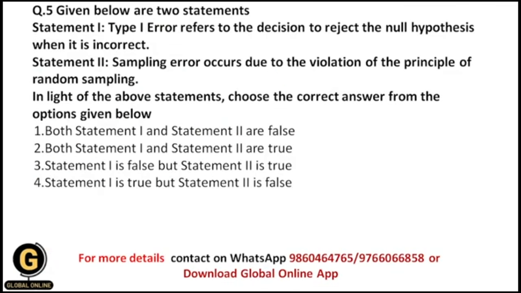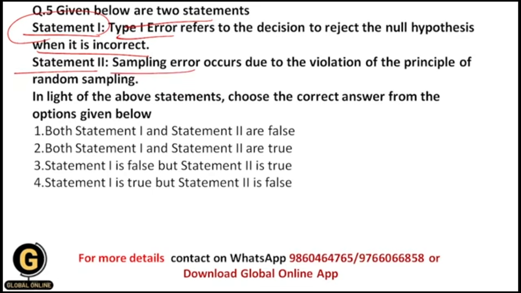Next, given below are two statements. Now here as well you have been given two statements, statement 1 and 2, and we need to give the answers, basically which statements are correct from these two. Now let us see what is statement 1. Type 1 error refers to the decision to reject the null hypothesis when it is incorrect. And what is statement 2?